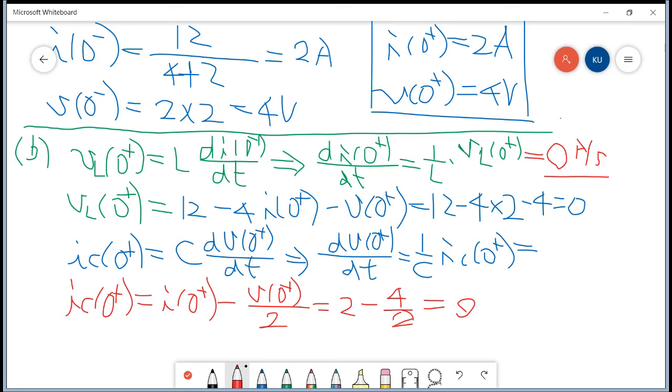So in this case, IC0 plus, let me see, I0 plus is 2A.